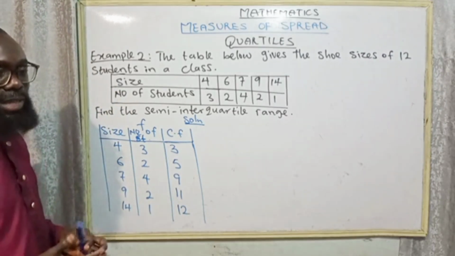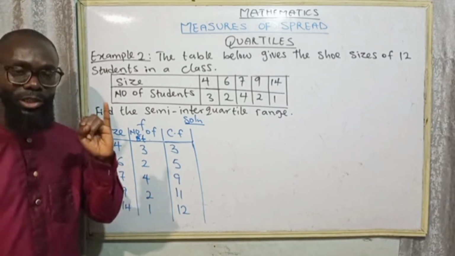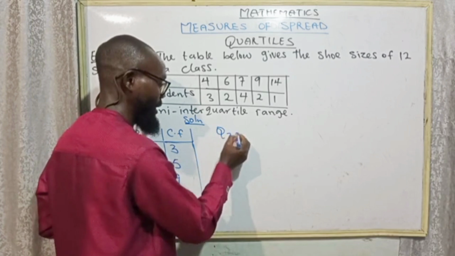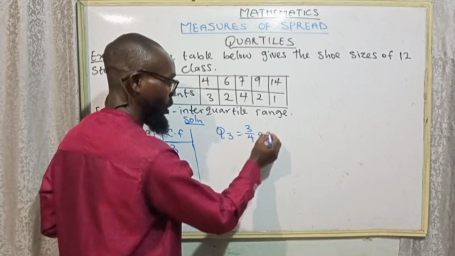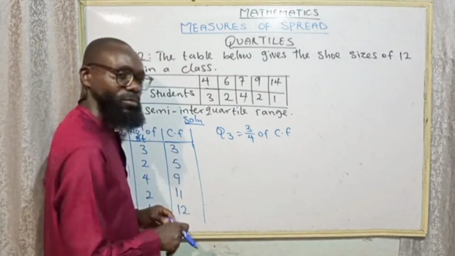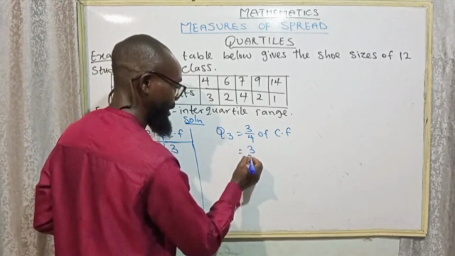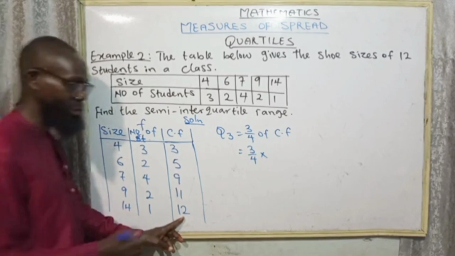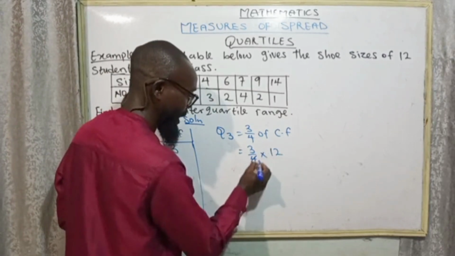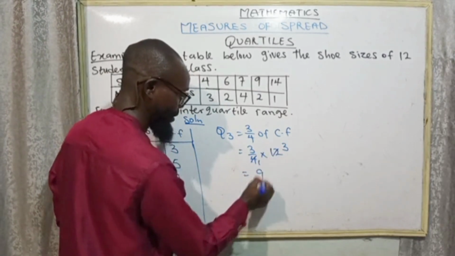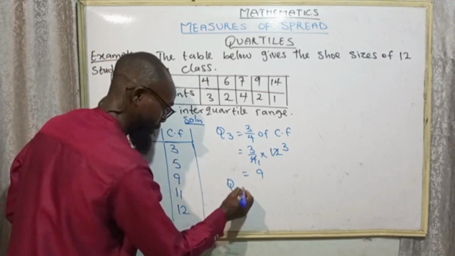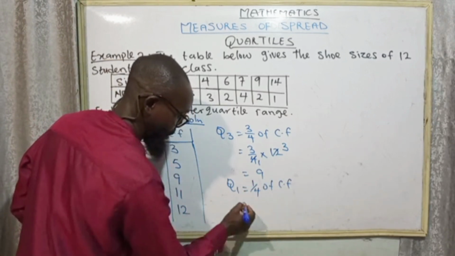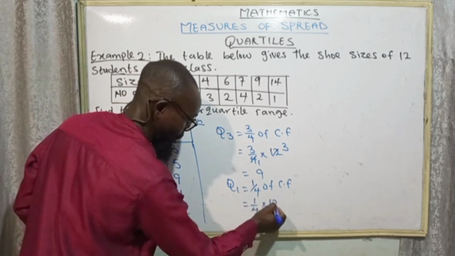And don't forget, to find the semi-interquartile range, we must get our Q3 and our Q1. So Q3 is equal to 3 over 4 of our cumulative frequency. That is 3 divided by 4 multiplied by cumulative frequency. The last value here is 12. This here 1, this here 3. So we have 9. Then our Q1 is 1 over 4 of cumulative frequency. 1 over 4 multiplied by 12.